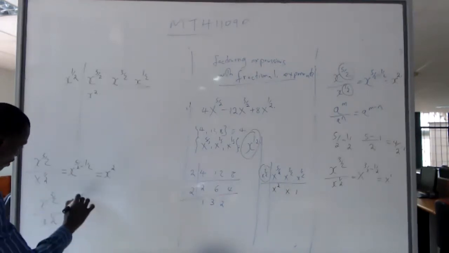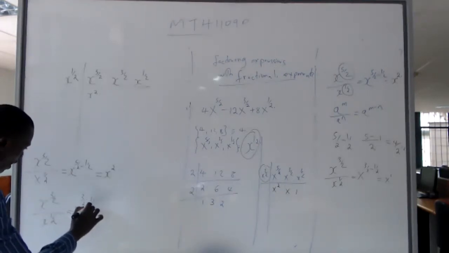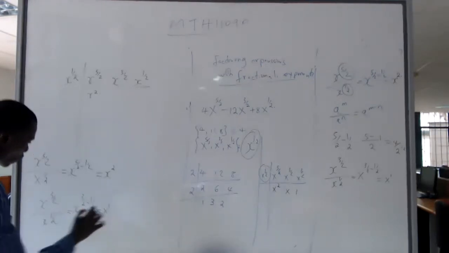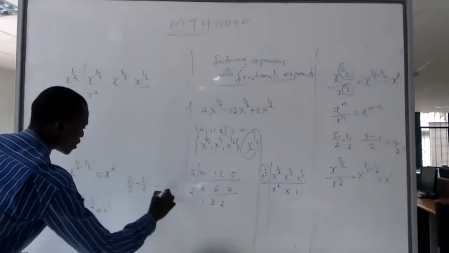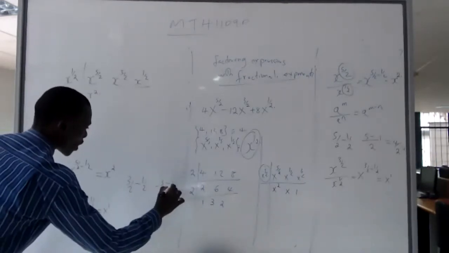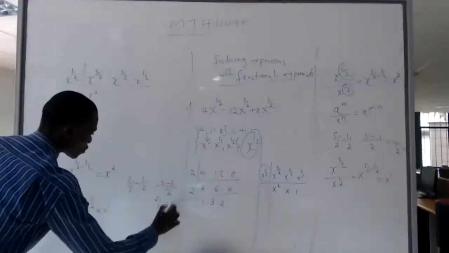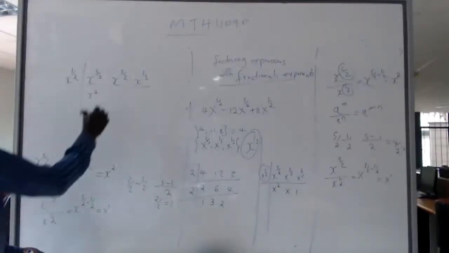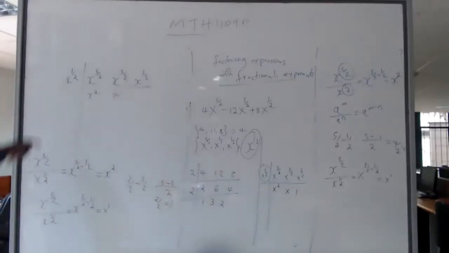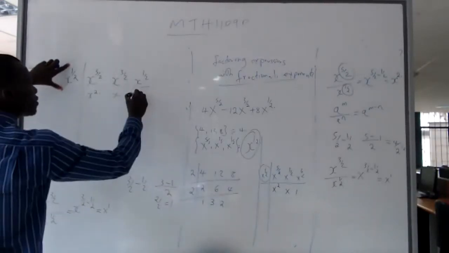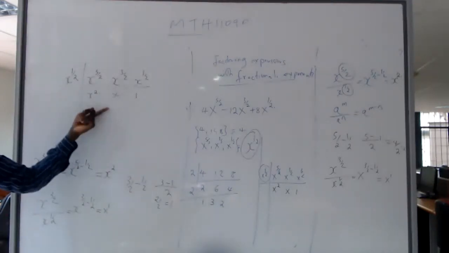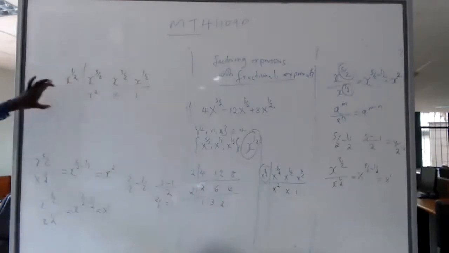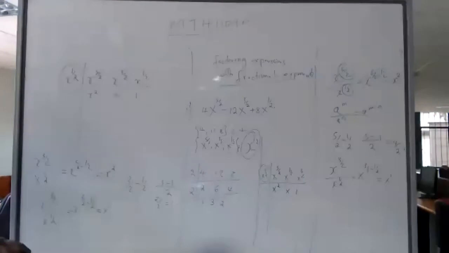That is going to be x power 3/2 minus 1/2, which is x power 1, because 3/2 minus 1/2, the LCM is 2, so this is 3 minus 1, and you get 2 divided by 2, which is 1. So you just have x. Then of course, x power half divides itself once. We are computing the GCD, so we stop at this stage because there is no other common factor in the remaining terms. So we pick this as the greatest common factor.